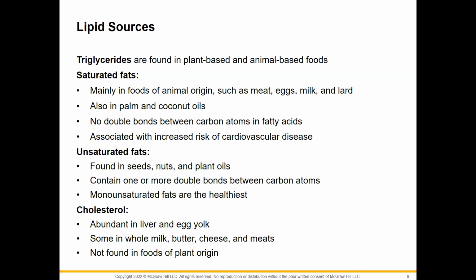Sources of lipids. So, triglycerides are found in your plant-based foods and your animal-based food. Basically, you get triglycerides from anything that you eat that comes from a plant or an animal. You have different categories of lipids. You have your saturated fats, you have your unsaturated fats, you have cholesterol. So, when we talk about saturated and unsaturated fats, remember that these are organic compounds.